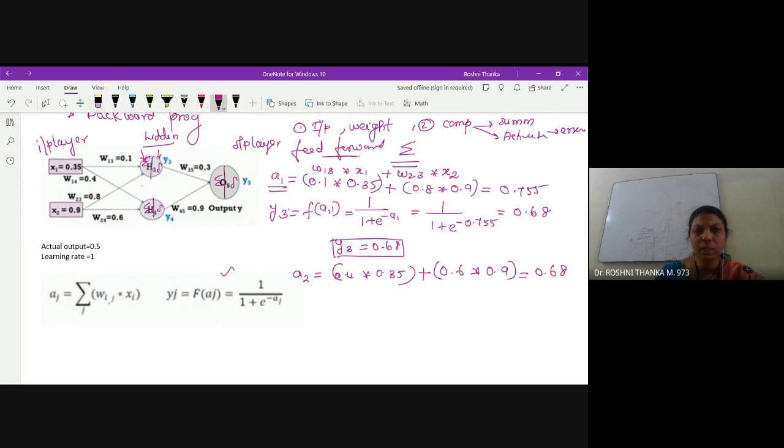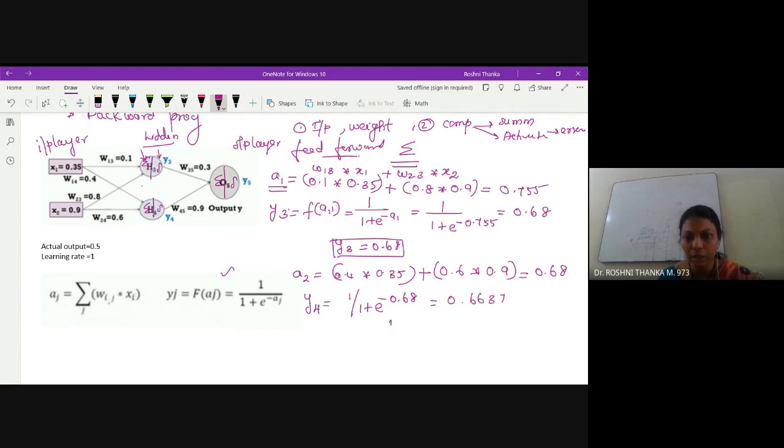After getting it, the summation is done. What is the next part? We have to apply the activation function. The activation function formula is this. The output which we get out of it, we have given the name y4. So y4 is equal to 1 by 1 plus e power minus a2, so 1 by 1 plus e power minus 0.68, which I get as 0.6637.